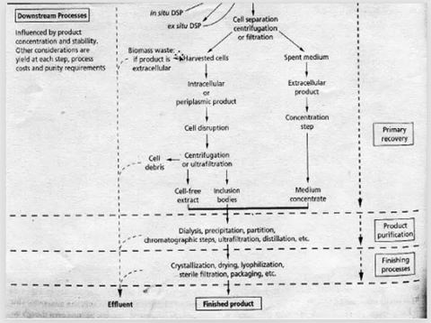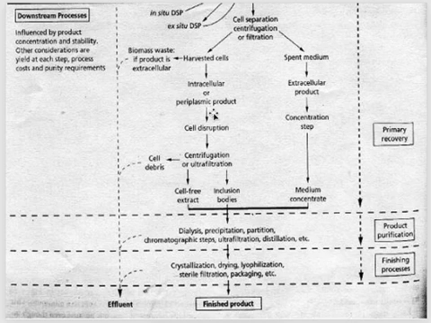In case your product is intracellular or periplasmic, you have to harvest the cells, then disrupt the cells because your product is inside the cell, so you need to break it down. Then you take the portion which contains your product.